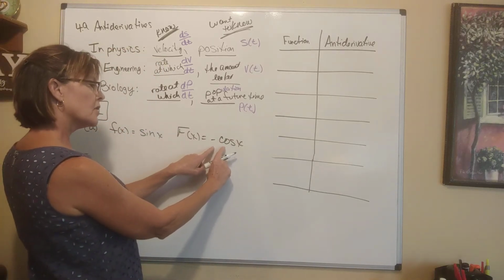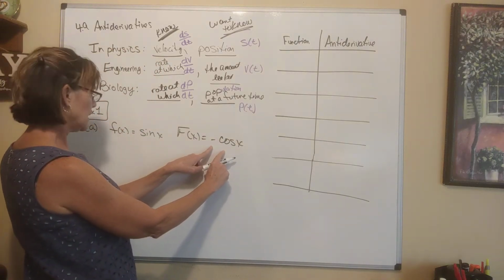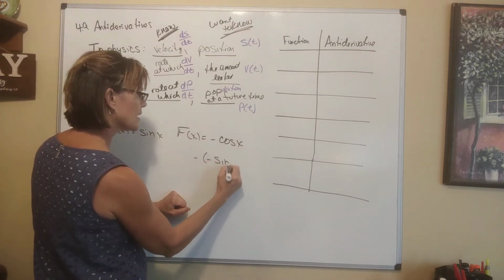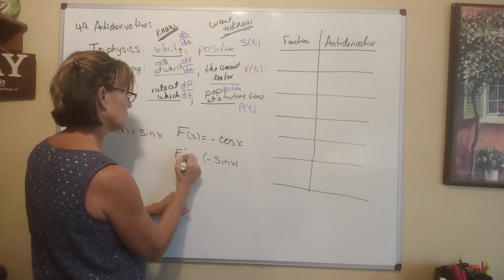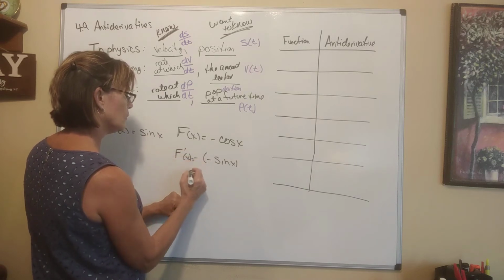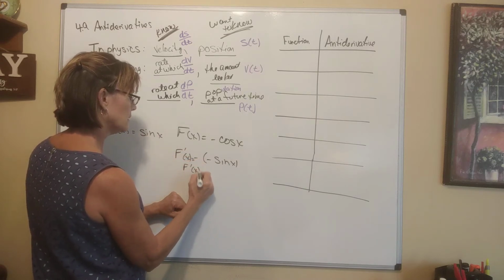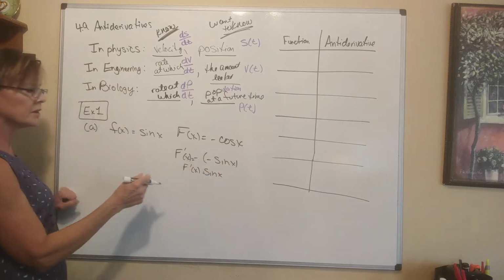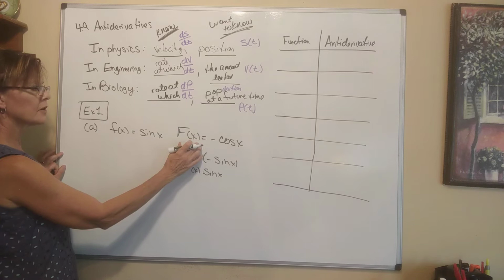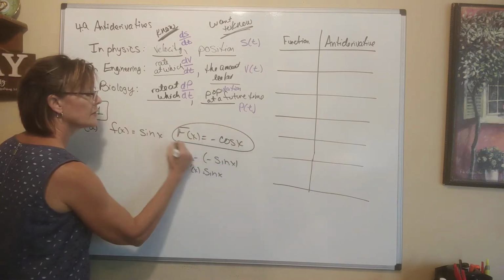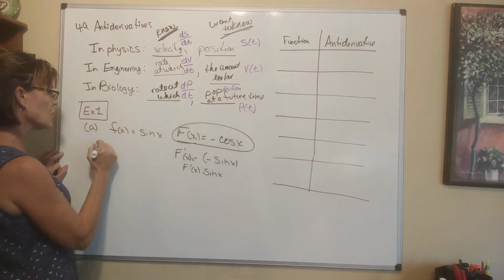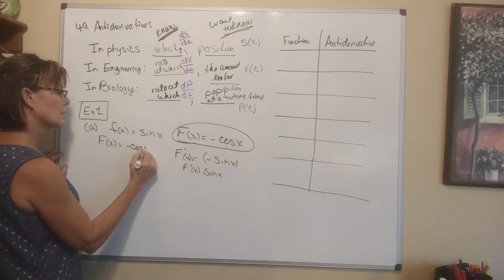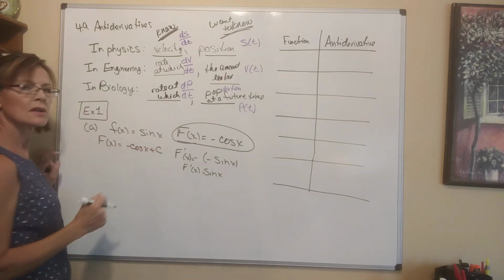If I take the derivative of this, I would get negative negative sine of x, which is sine of x. Oh, cool. So that worked. So what would the antiderivative be? Negative cosine of x. And the most general antiderivative would be where you add that little constant on there.